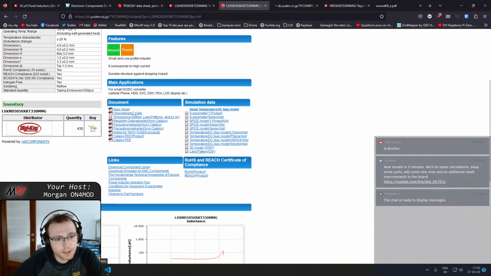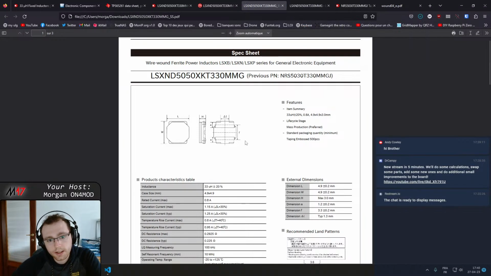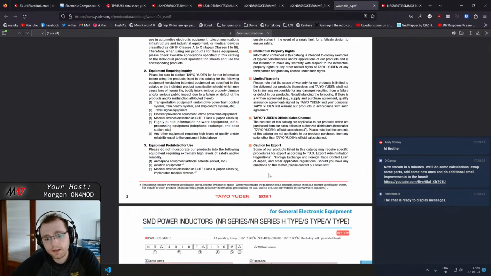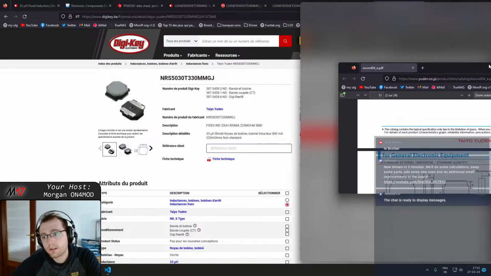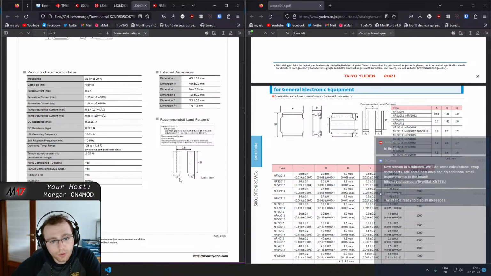Okay, spec sheet, characteristic data. Okay, so this is the footprint that they recommend. And that one, that's the footprint that they recommend. So, 1.5 by 4.